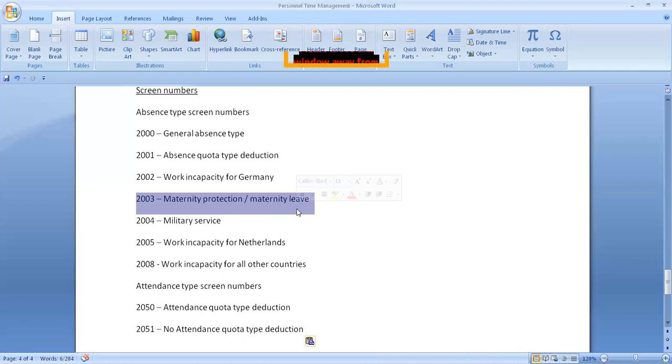You can use the 2004 screen, military service, for long term leaves, for example a 1 year or 2 year leave to serve in the military, specific to some countries.